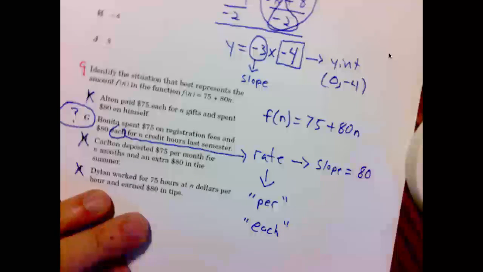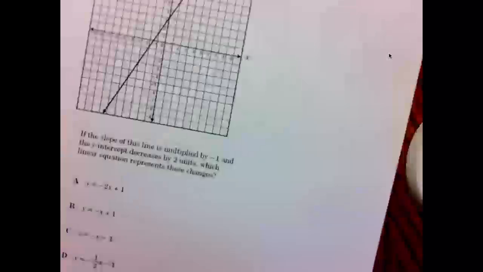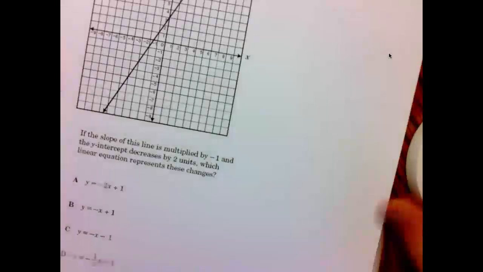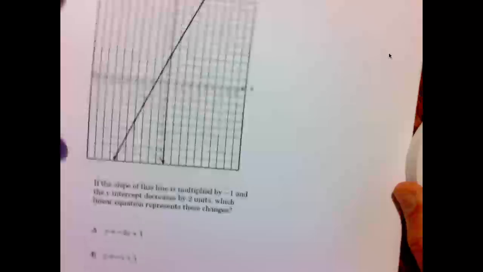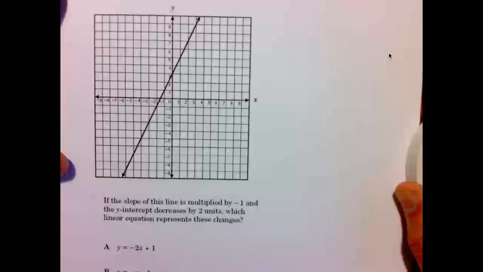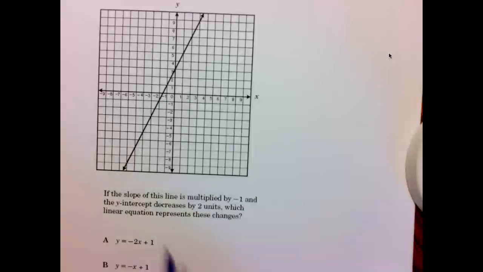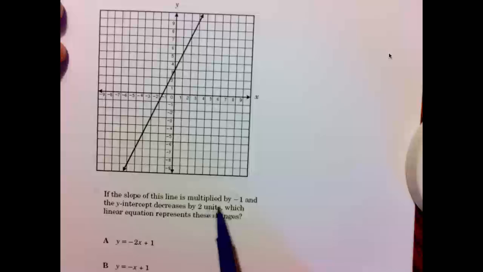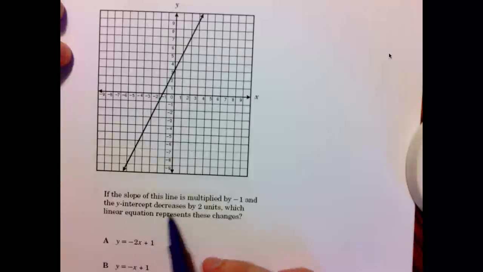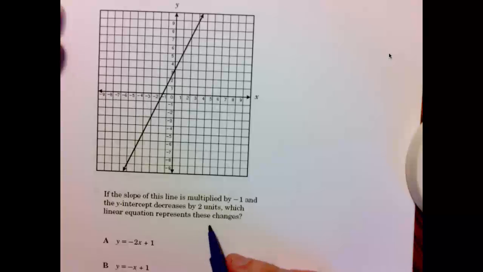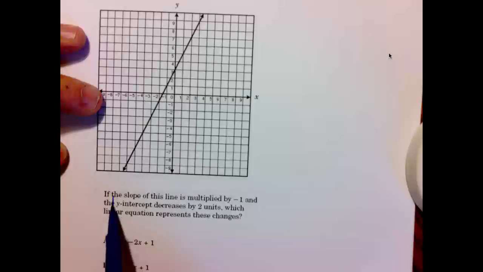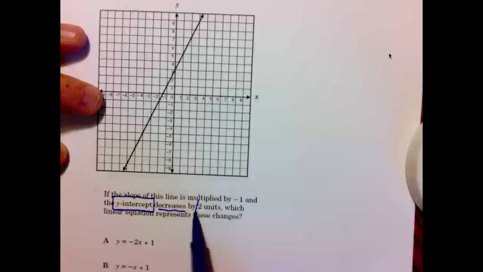Number 10. If the slope of the line is multiplied by -1 and the y-intercept decreases by 2 units, which linear equation represents these changes? Let's deal with the y-intercept first. The y-intercept decreases by 2.